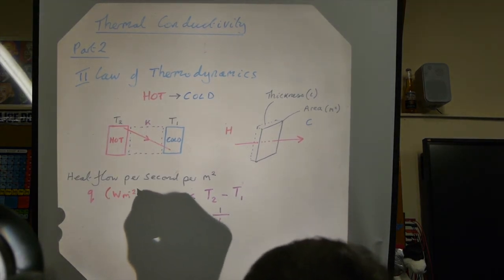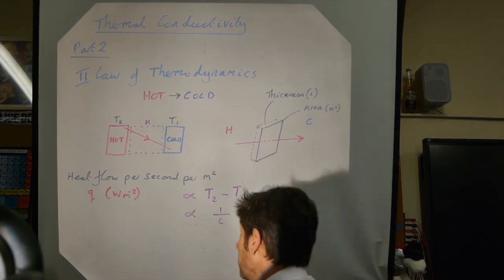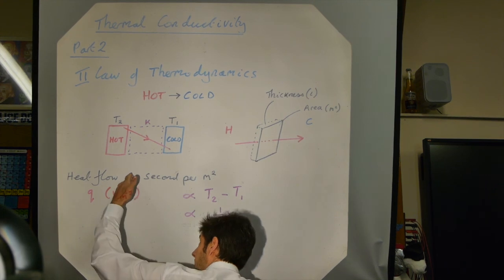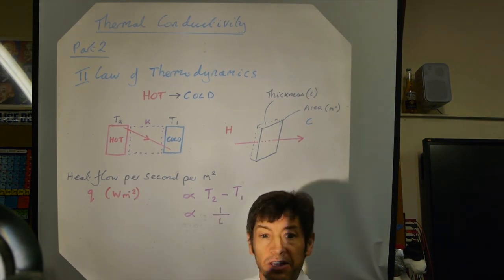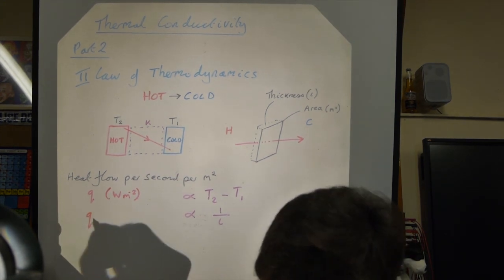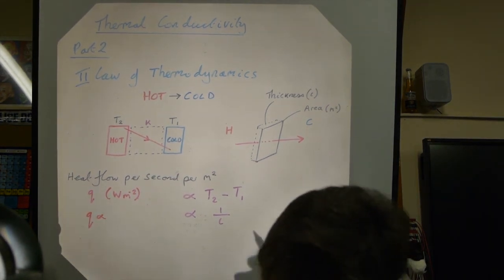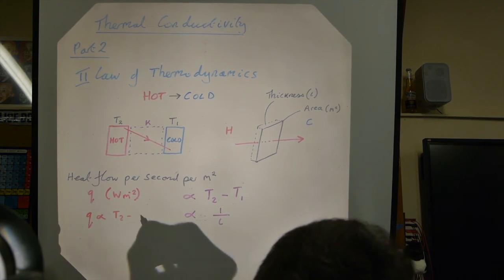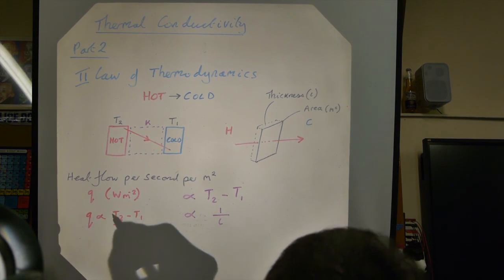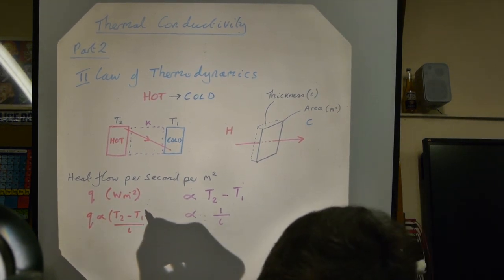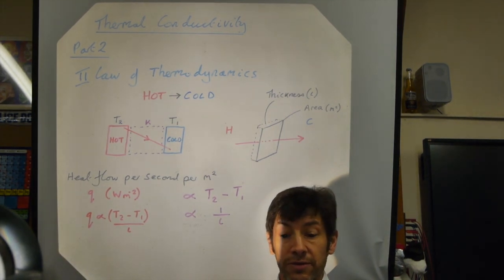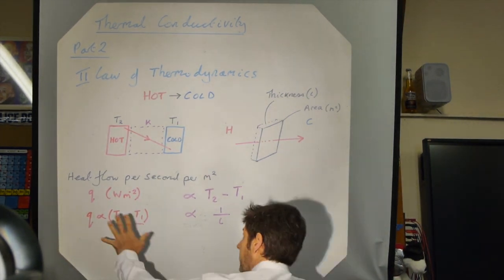And I'm going to write it in the A-level way: watts metres to the minus 2. That's the same as watts per metre squared. So Q is going to be proportional to T2 minus T1 divided by L. I'll put that lot in brackets. So we've got a value for Q, but we need to make this an equation.